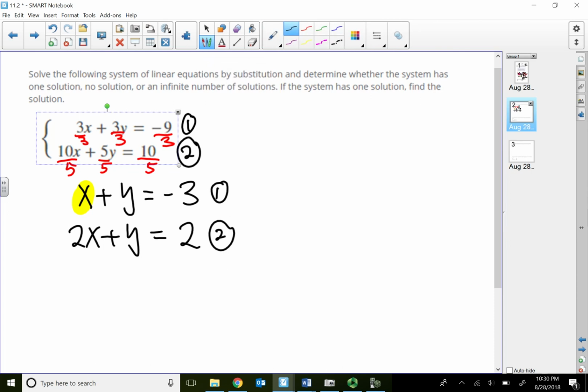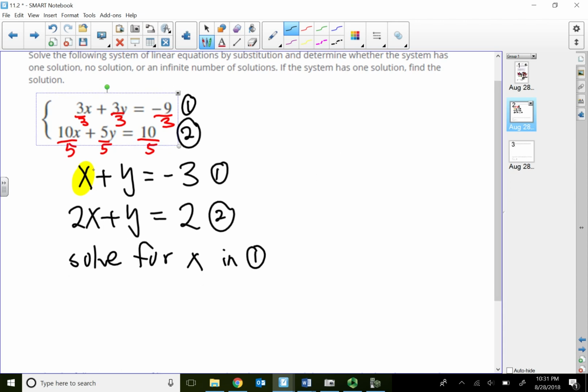So the steps are, number one, pick one variable out of the two equations, the one that has coefficient 1, and solve for it so we can substitute into the other equation. So I'm going to solve for x in the first equation. So to get x by itself, this is positive x, let it stay there.